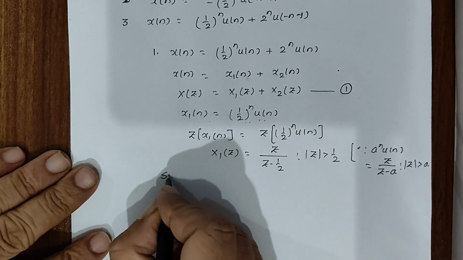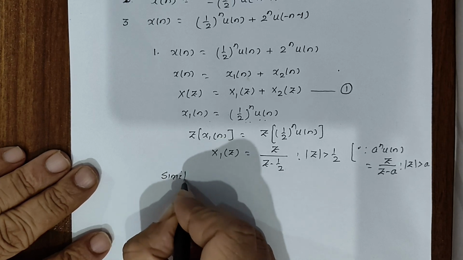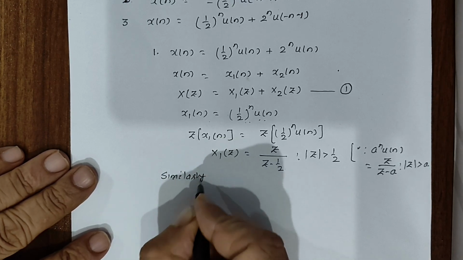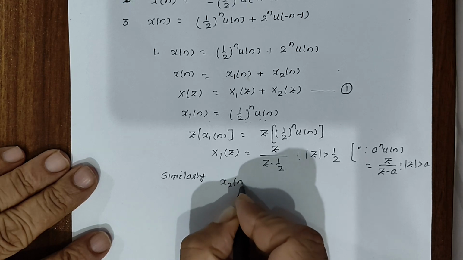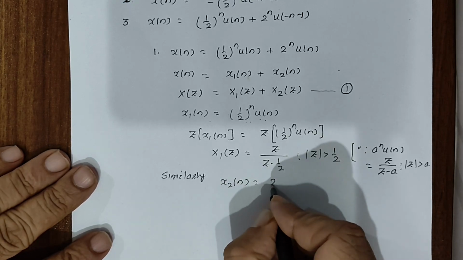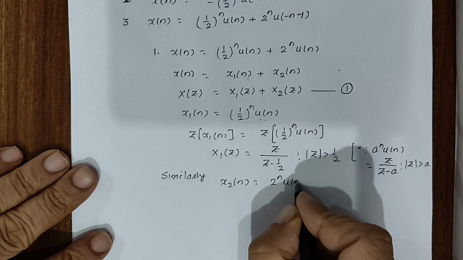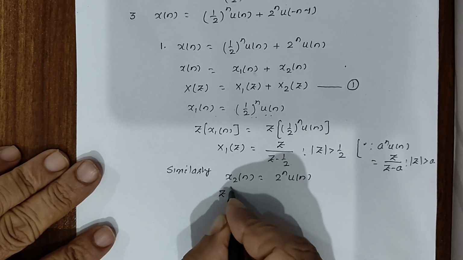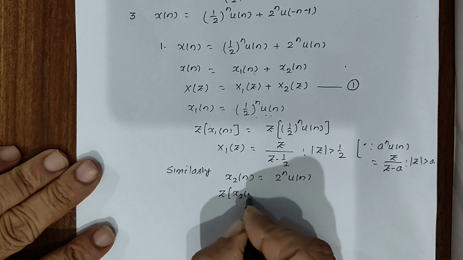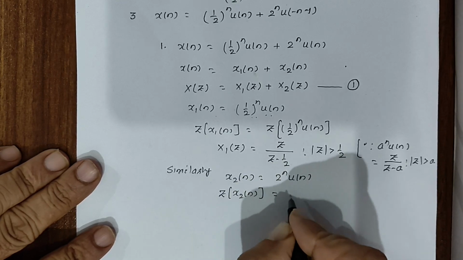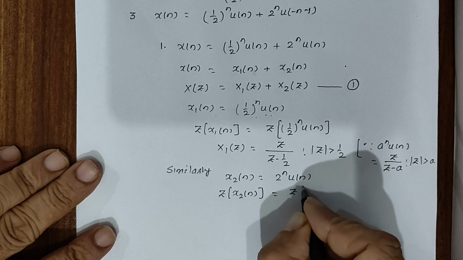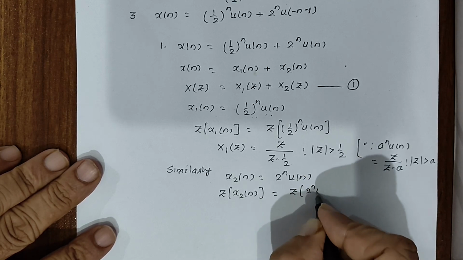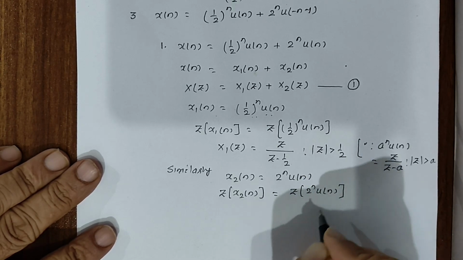Similarly, you find the Z transform of the second part, x2 of n equal to 2^n u of n. The Z transform of x2 of n is equal to the Z transform of 2^n u of n.